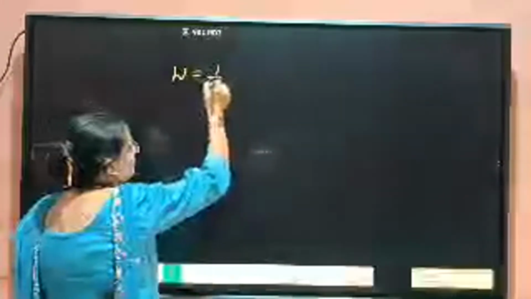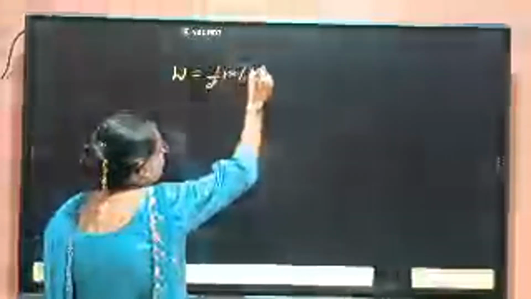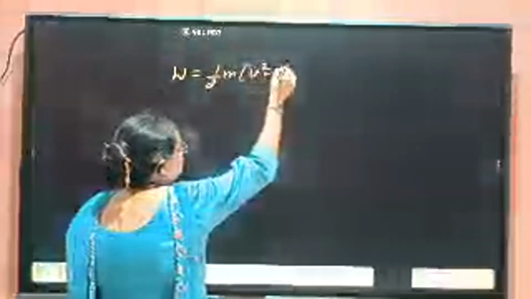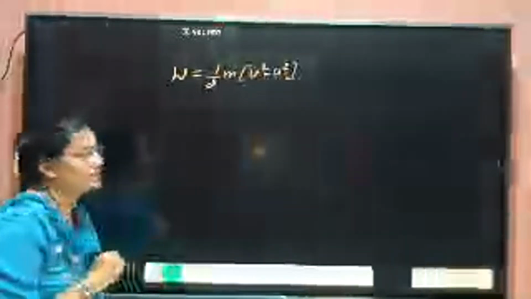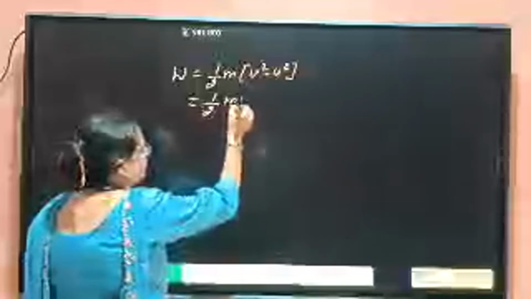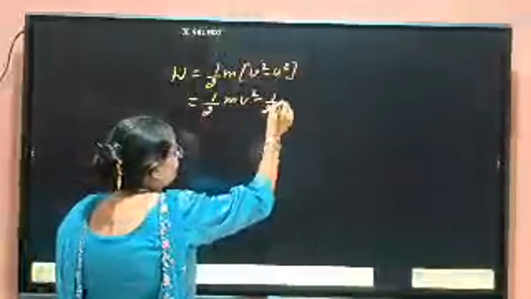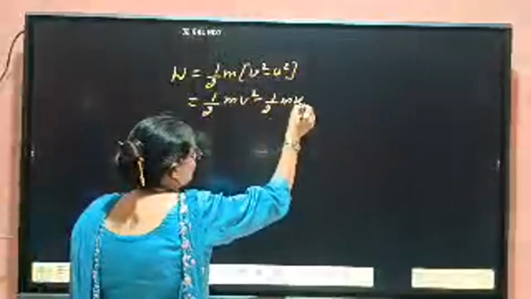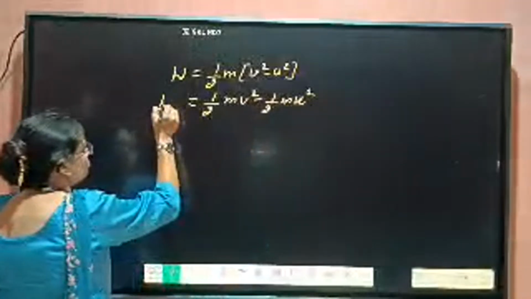After putting the limits, work done will be 1 by 2 m, final velocity squared minus initial velocity squared. Final is v, initial is u. So we can write W equals half m v square minus half m u square.